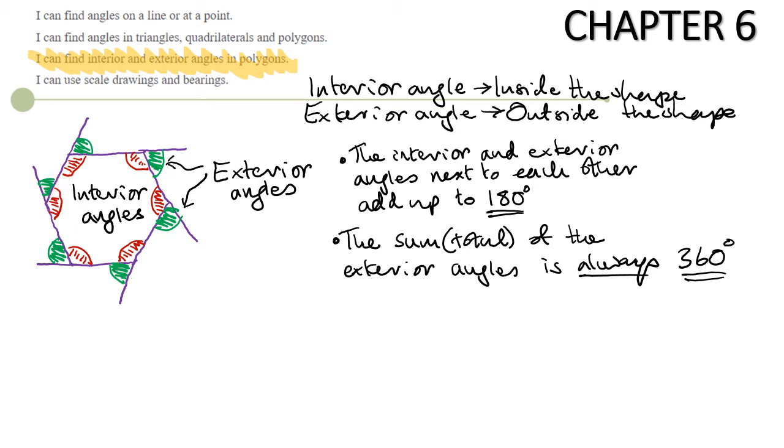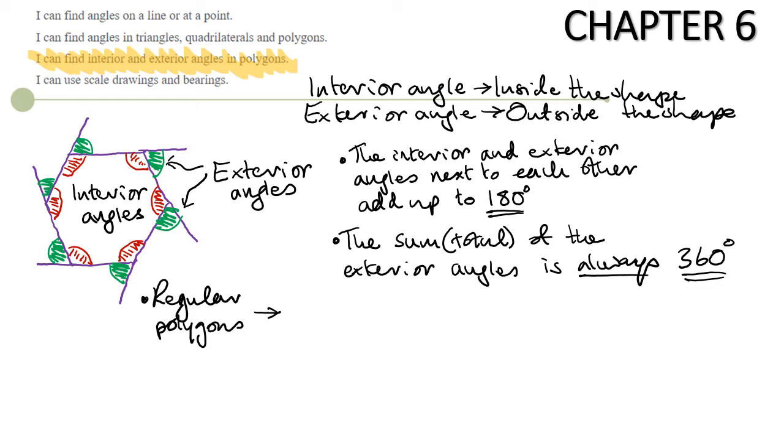Now at this point I'm going to introduce something called regular polygons, because quite often these questions involve regular polygons. A regular polygon is a nice looking one because all the angles are the same size and all the lengths are the same.